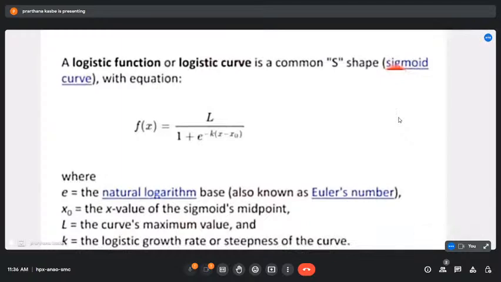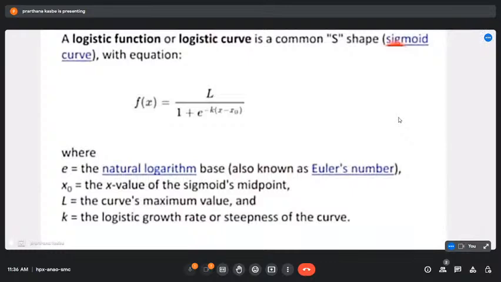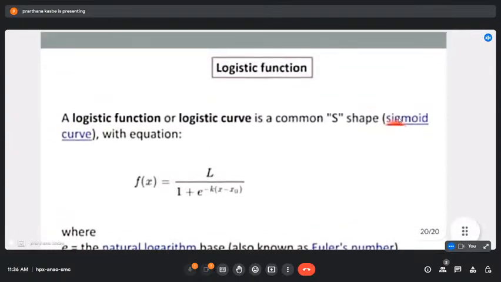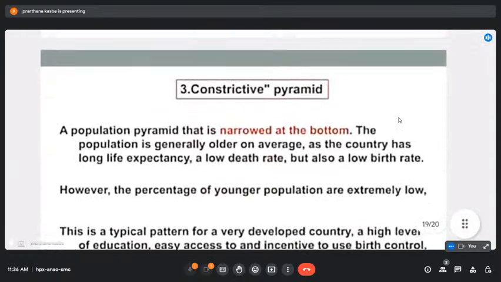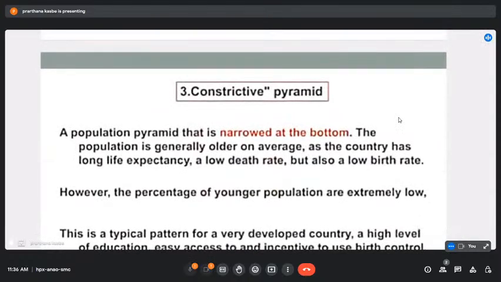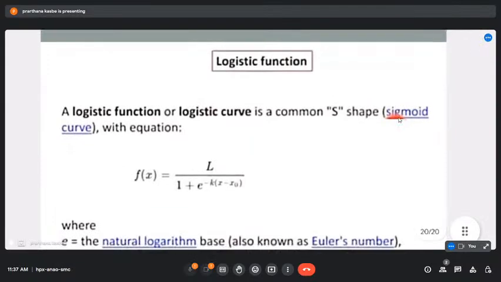The curve is S-shaped. And k is the logistic growth rate or the steepness of the curve. That is the logistic function. So this is how we can see the logistic function in the particular lecture.